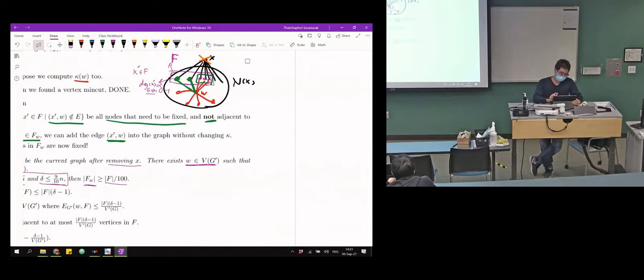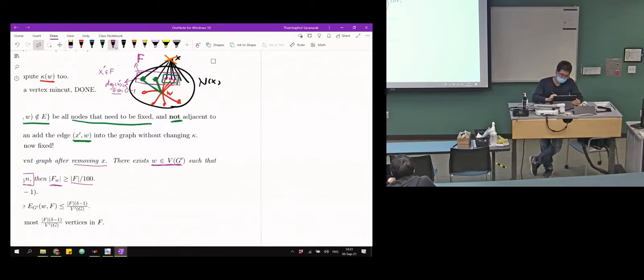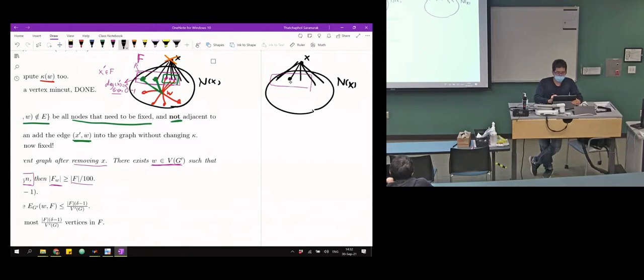Actually, good point. Let me rephrase what Chang'an said. If this is the neighbor of X, and this is the set that needs to be fixed, what we can do is, for each of these nodes, look at a non-neighbor of this node, X7 prime.